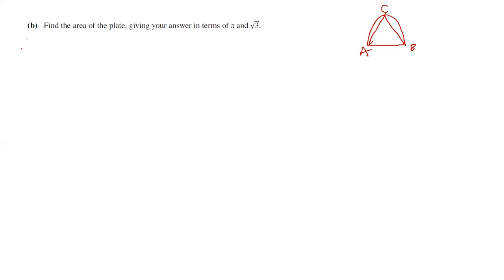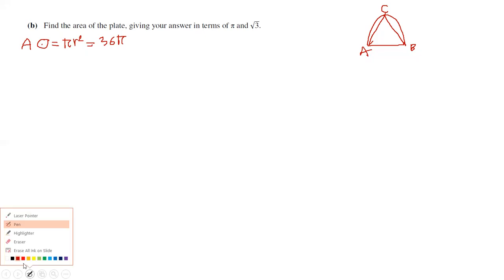Firstly, we need to calculate the area of the circle, which equals pi r squared, so 36 pi. Now we will calculate sector ABC. I will color this sector.